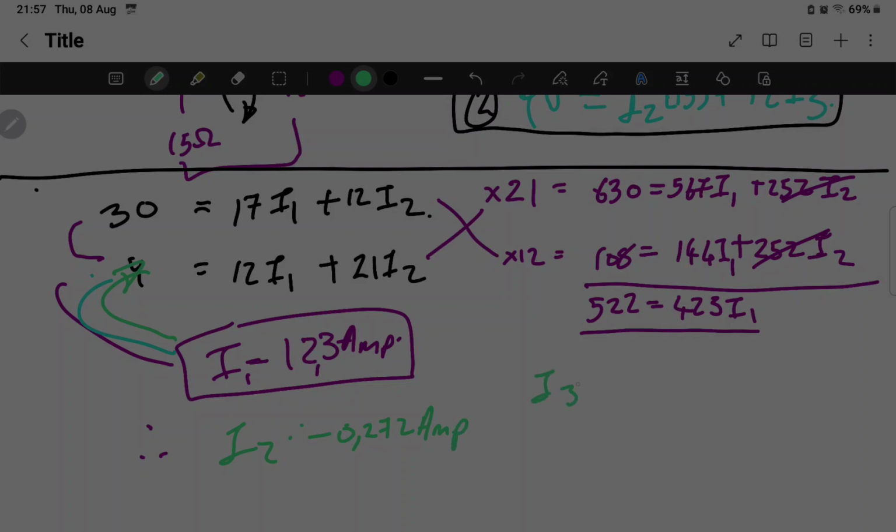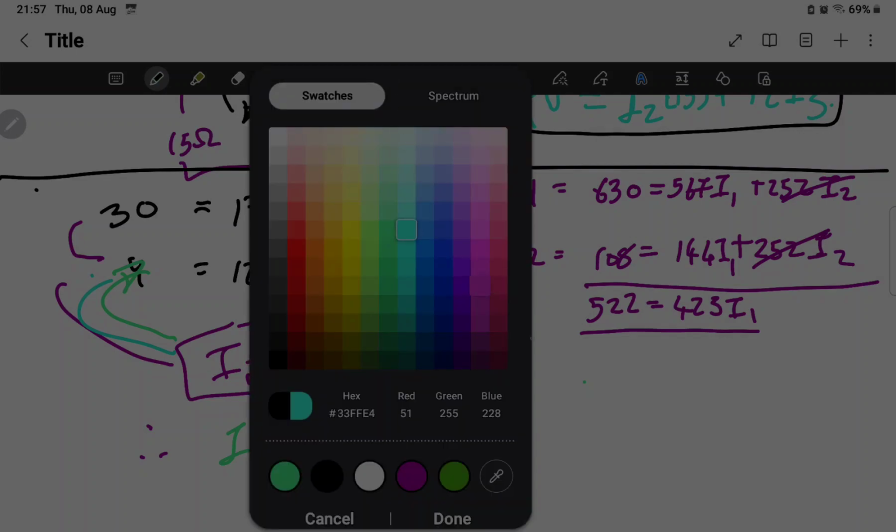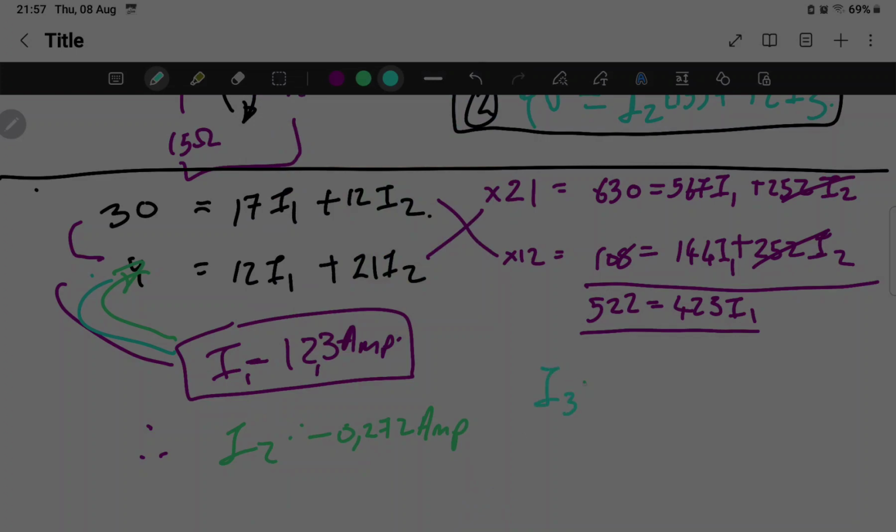And then I3 is equal to I2 plus I1, which is equal to 0.953 amps. And there you have it, guys. Pretty straightforward, not that difficult at all.